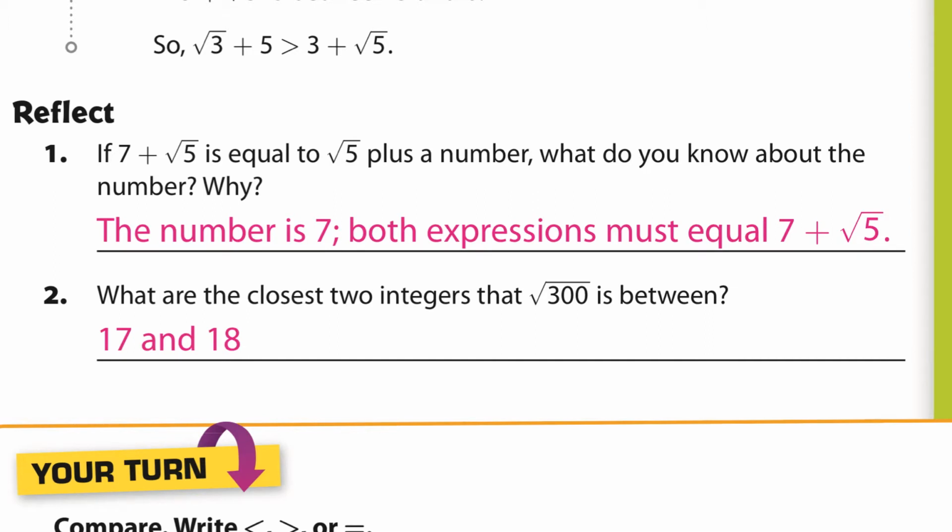I've got to do that real quick. 17 times 17 is 289. So 17 squared is 289, and 18 squared, I think, is 324. Yeah, it's 324, so that's why the square root of 300 is between 17 and 18.